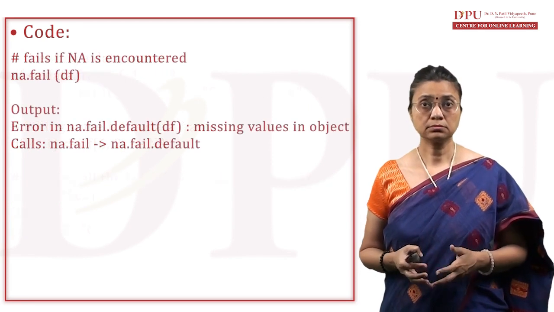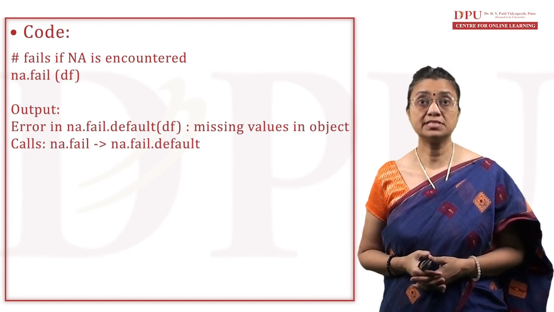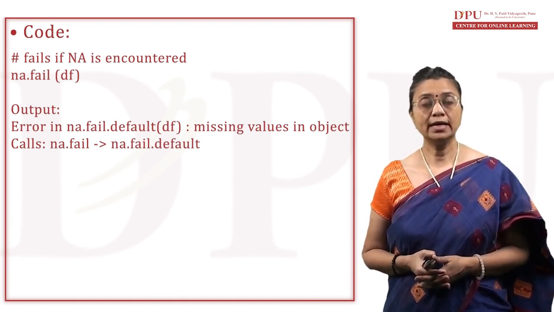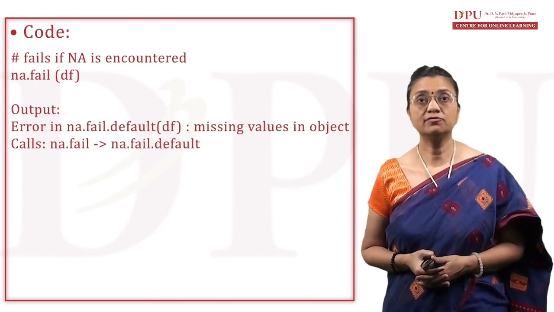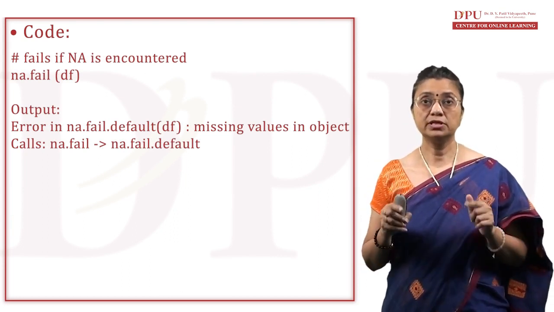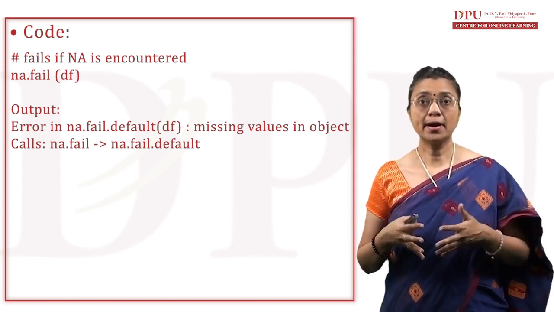Now, next we are testing what happens with na.fail, which fails if NA is encountered. You can see that I am calling the function na.fail, and within brackets I have passed df, which is my data frame variable, as a parameter.